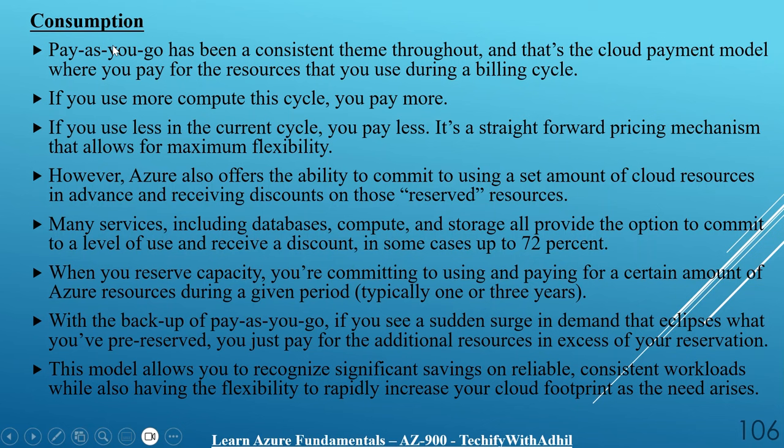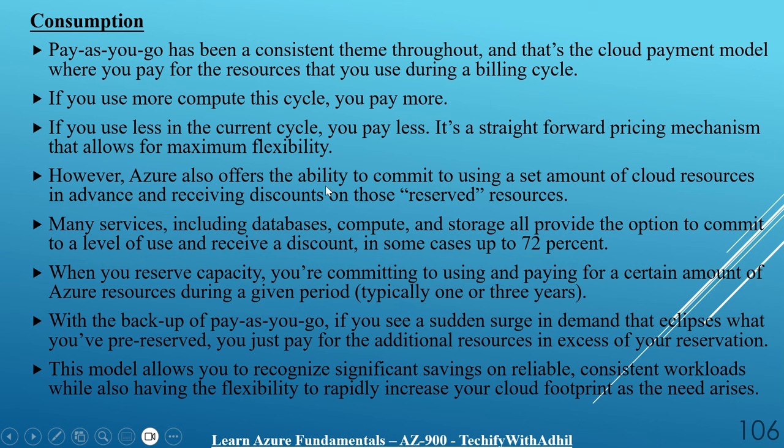Next is consumption. Pay as you go has been a consistent theme throughout, and that's the cloud pay model, where you pay for the resources that you use during a billing cycle. So if you use more compute this cycle, you pay more. If you use less in the current cycle, you pay less. It's a straightforward pricing mechanism that allows for maximum flexibility.